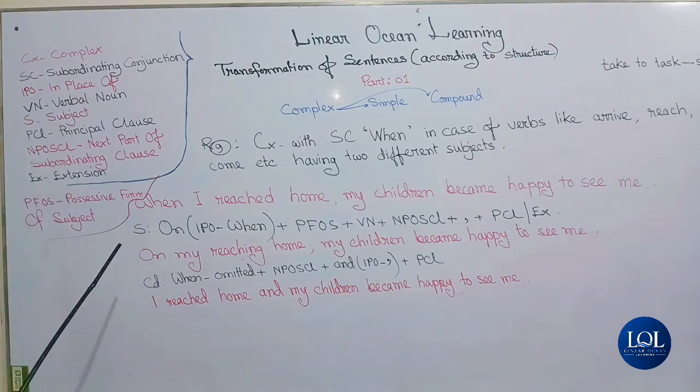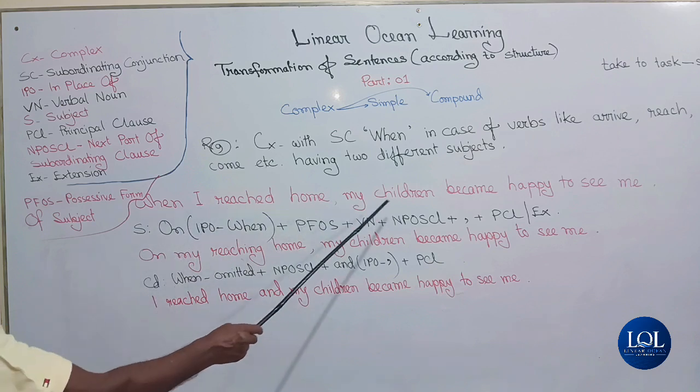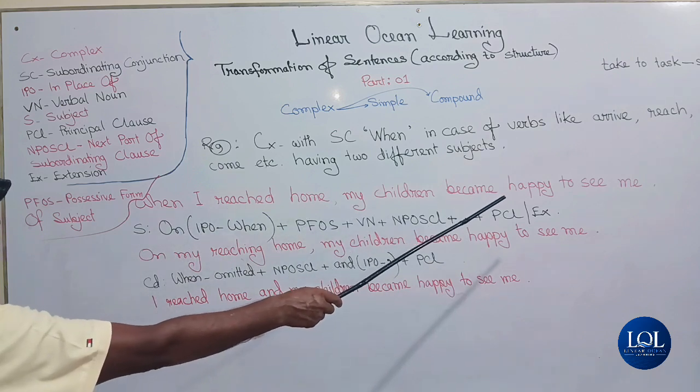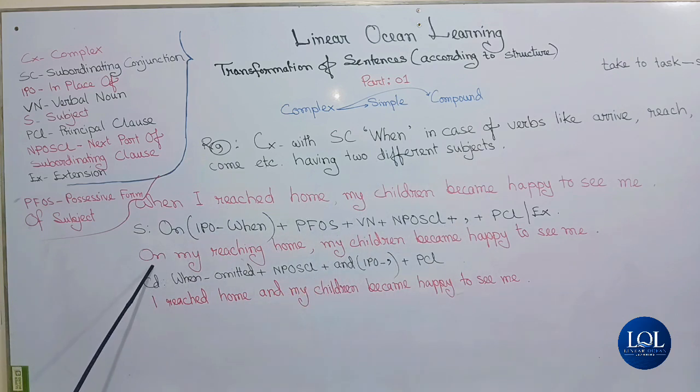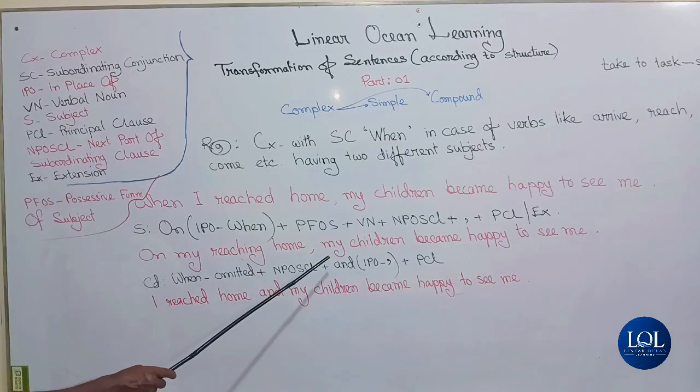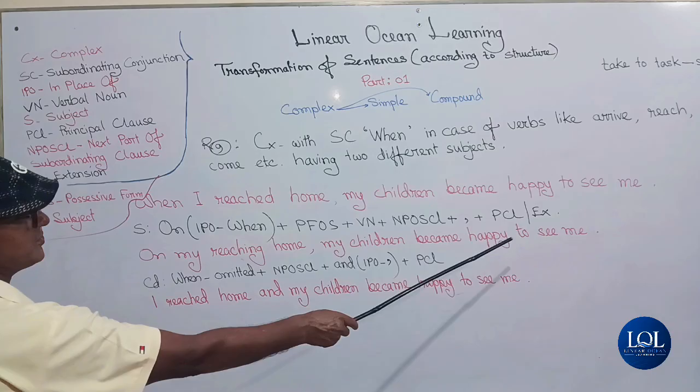Now if we follow the structure, the complex sentence "When I reached home, my children became happy to see me" becomes: on my reaching home, my children became happy to see me.